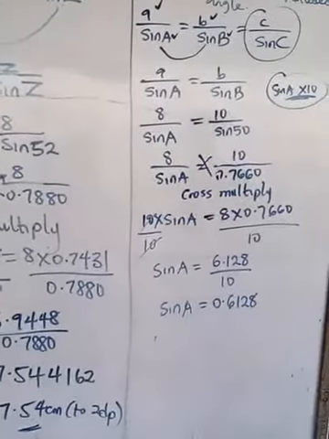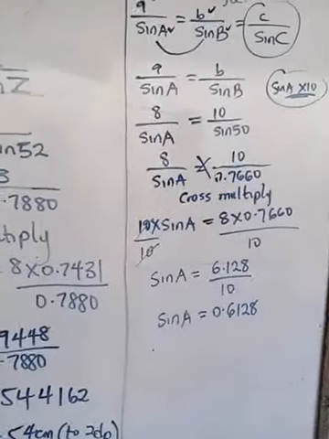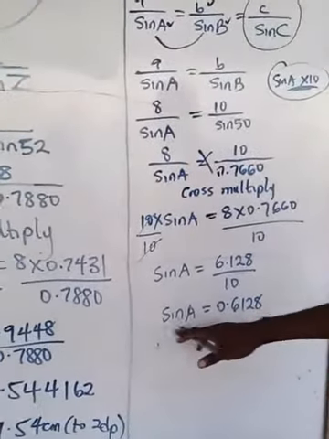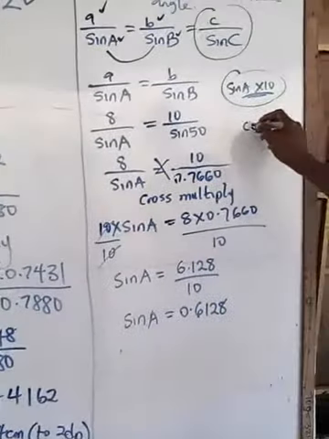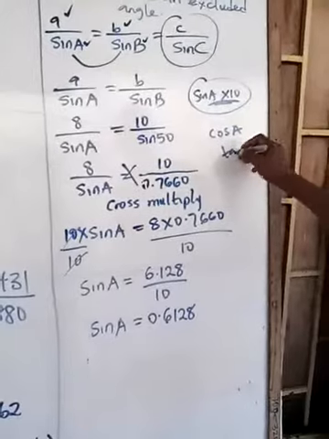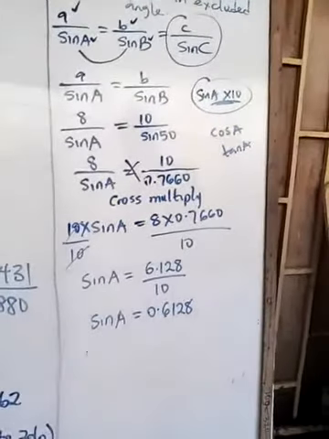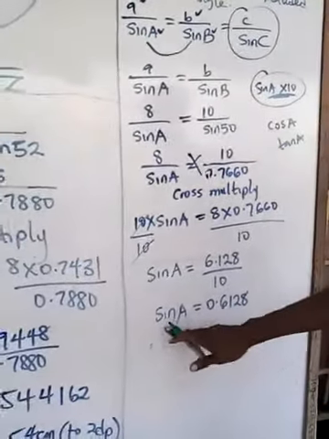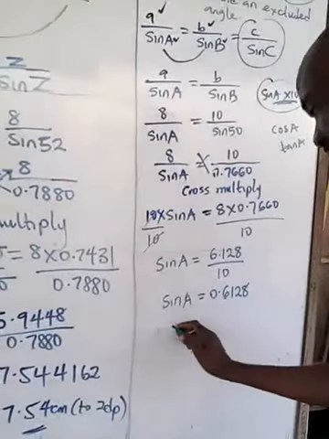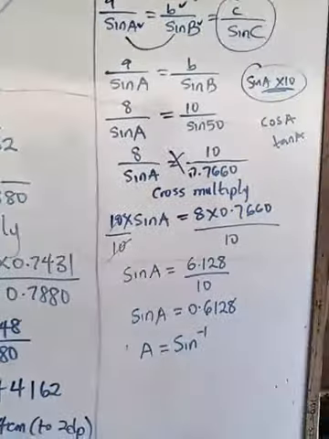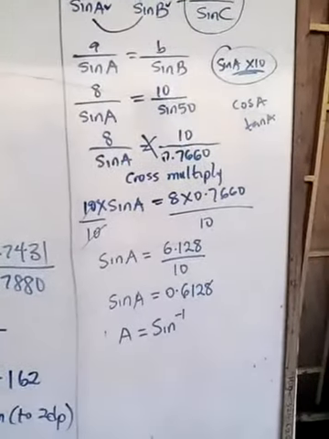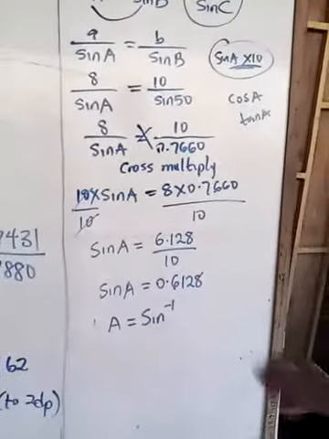Now please, if you are looking for angle A, the way this sine is attached to A, whether it is cos A or tan A, other trig functions, if you want to remove this sine and it goes to the other side, it becomes arc sine, sine inverse.